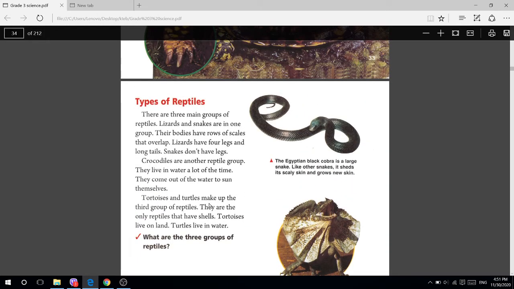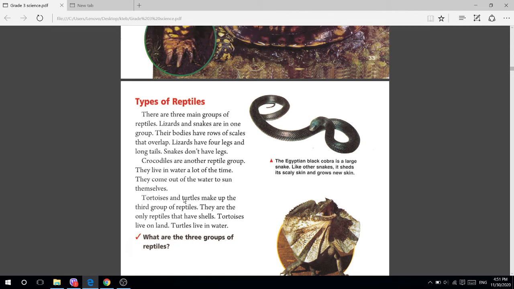Okay, students, let me give you the homework. What are the three groups of reptiles? I told you we have three groups. Lizards and snakes, the first group. The second group is crocodiles.